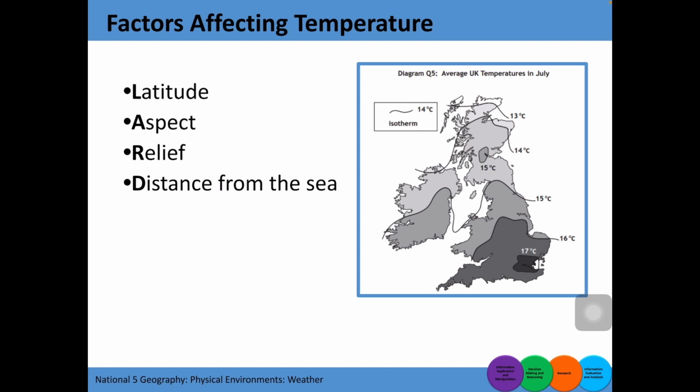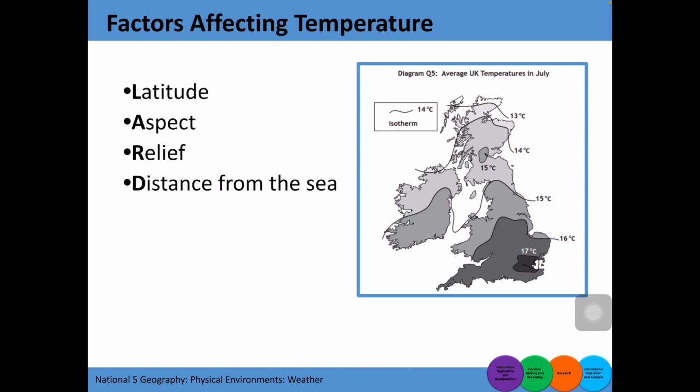However, it's not going to have that much effect on the water because water takes a lot longer to warm up. So the water will always be relatively cool. So even if the land is very warm in the summertime, the water will be relatively cool, which is why coastal areas will be cooler in the summertime.